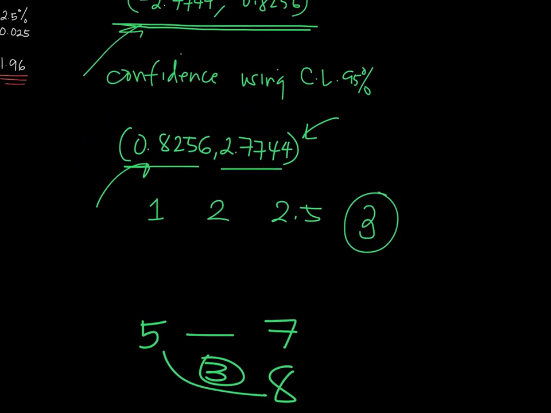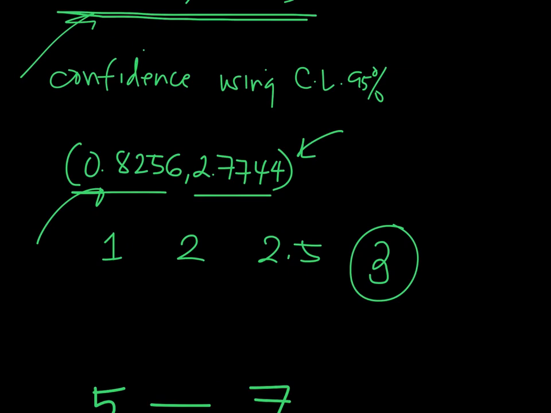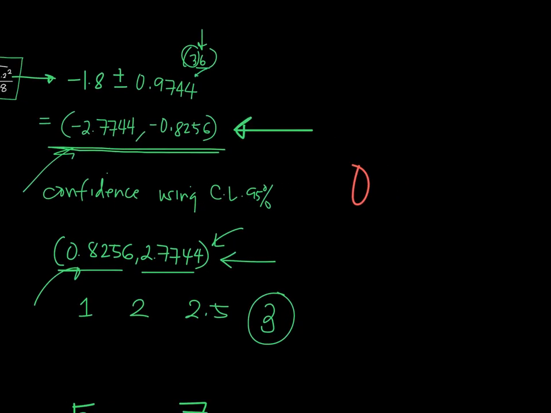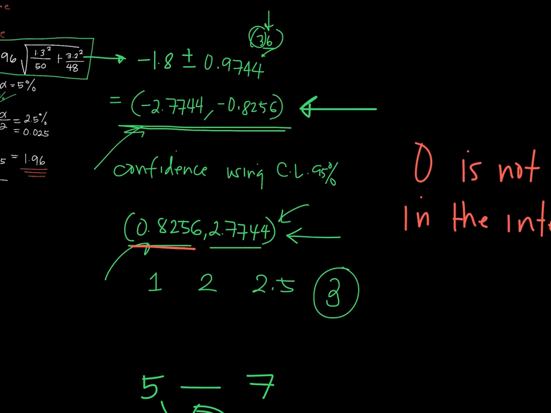Now aside from that, another way to interpret the confidence interval is this: when 0 is not in the interval, as we can see, because it starts with 0.8256 and goes until 2.7744, 0 is somewhere before this number, so 0 is not in the interval.